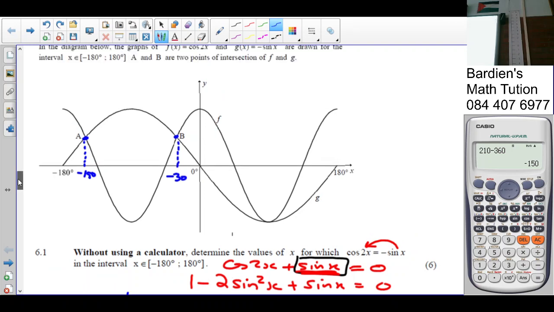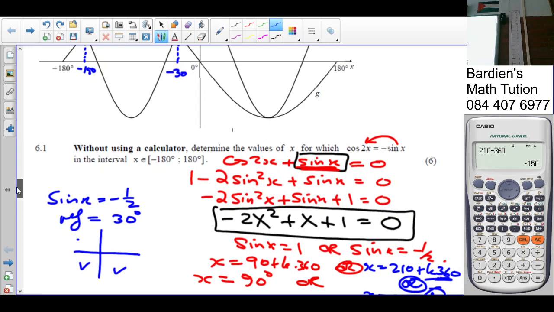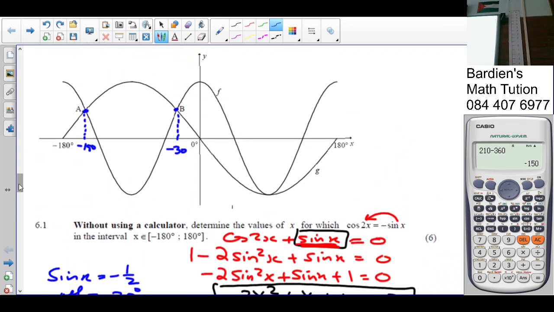Now coming back to the question. The question says, without using a calculator, determine the value for x for each. So in other words, I must represent all three. If they ask you to determine the coordinates of A and B, then I would have put negative 150 into the sine x graph, and I would have gotten the corresponding y value, which I think is a half.